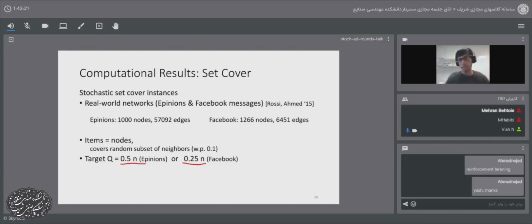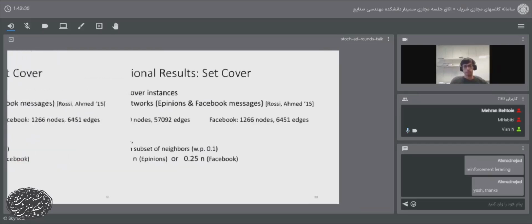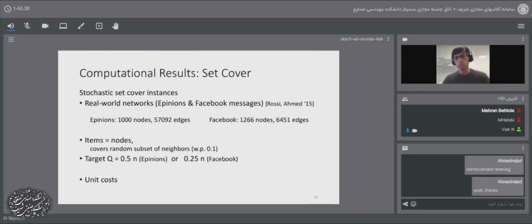If you're talking about the opinions network, we have to cover 50% of all the nodes. For the Facebook network, we need to cover 25% of all the nodes. So that specifies the stochastic set cover instance. And also all the costs are units. So we just want to minimize the expected number of nodes before we achieve this coverage.